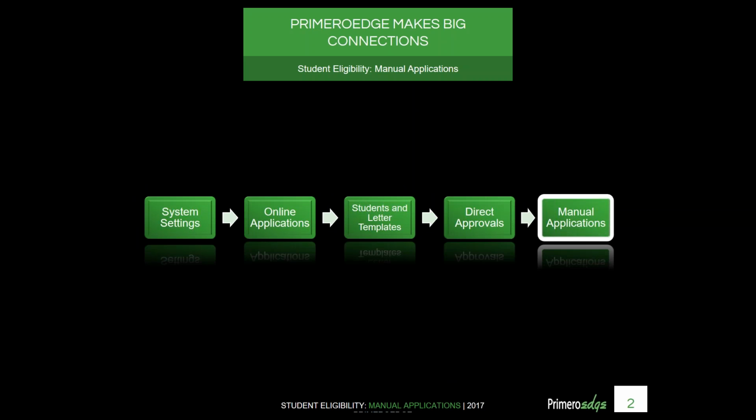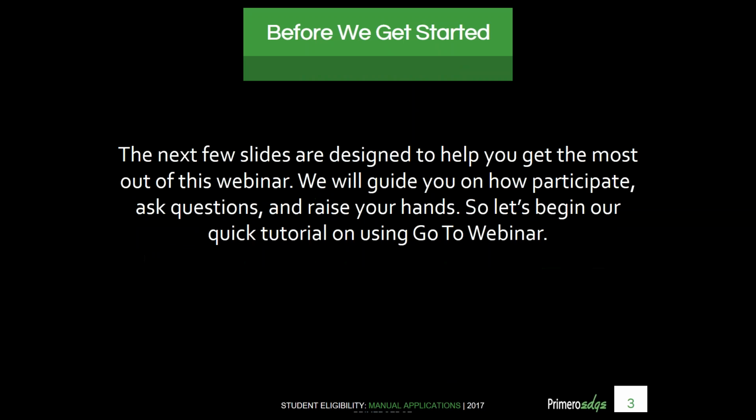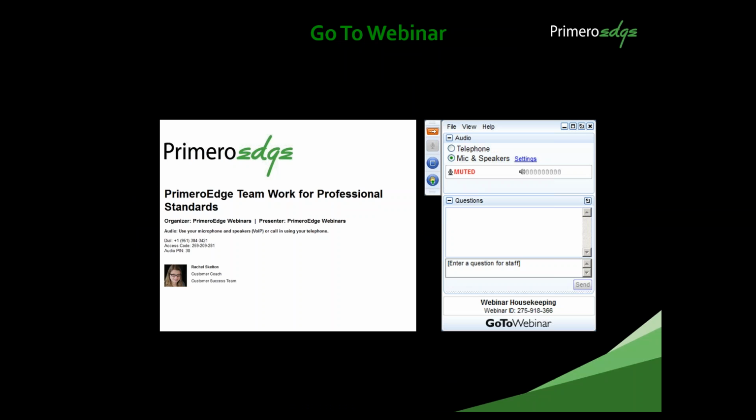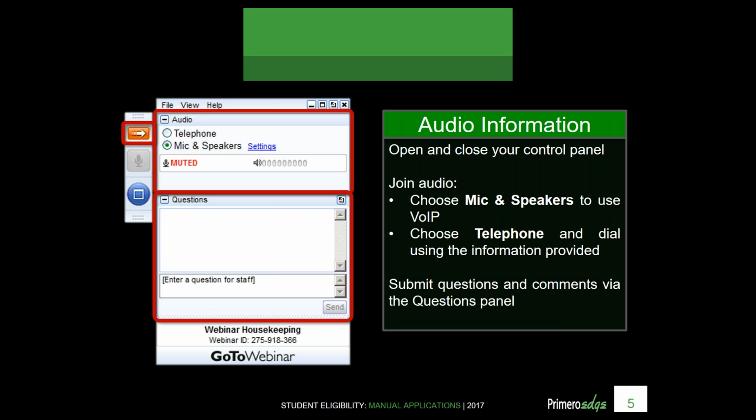These next few slides are going to give you a few guidelines on using GoToWebinar from an attendee's point of view. On the left-hand side of the screen, you'll see the GoToWebinar viewer, and there you'll see the actual presentation itself. On the right-hand side of the screen is the GoToWebinar control panel, and there you can ask your questions and select your audio mode. You can open and close that control panel with the red arrow on the left of your dashboard.